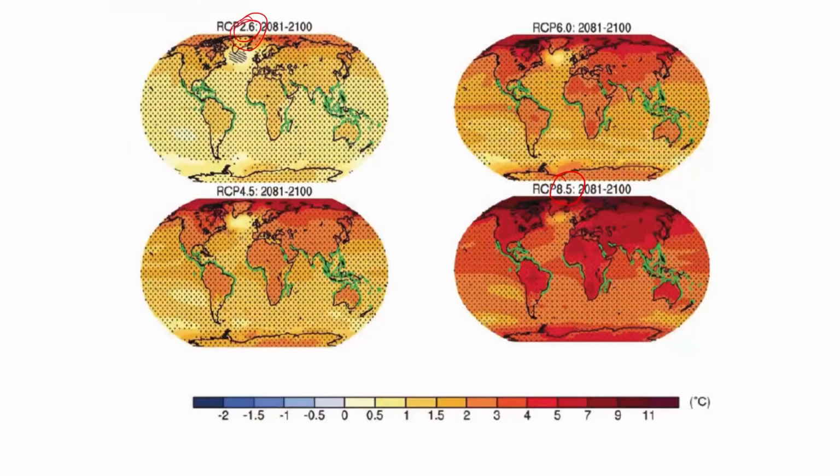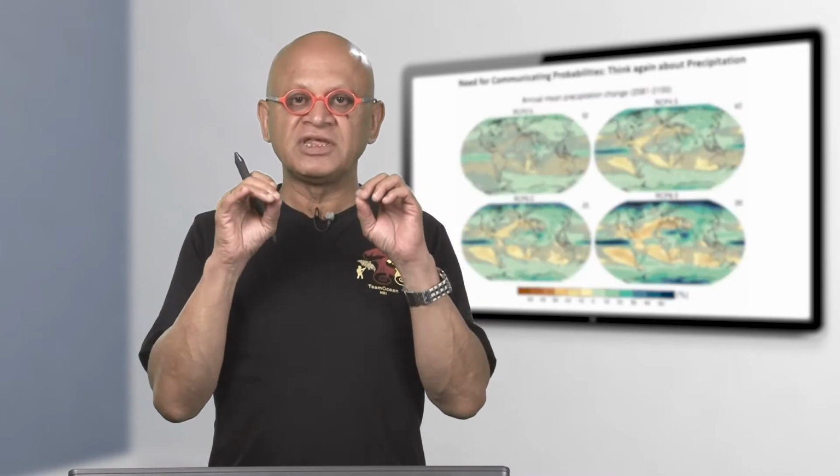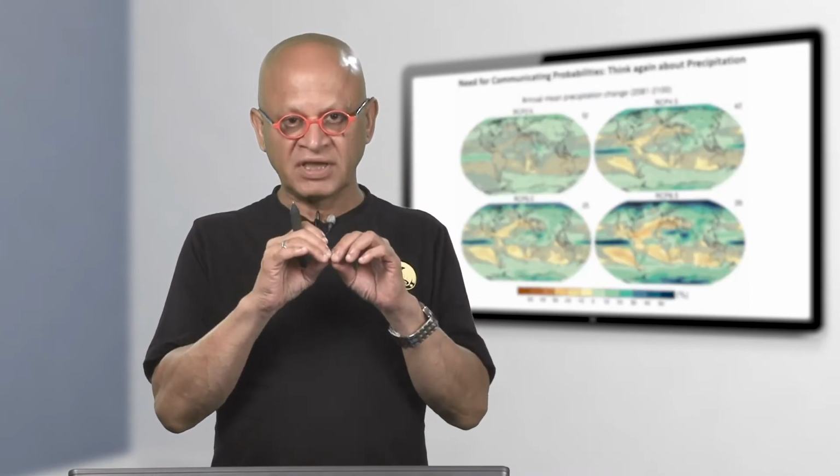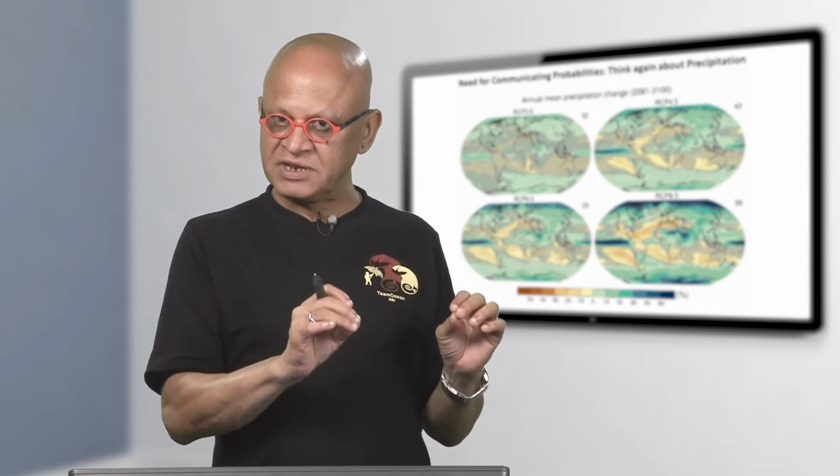So in these figures, these stippled areas are where the confidence is very high because more than 90% of the models agree that the changes are more than 2 standard deviations of the natural variability you have observed by various means over various periods.